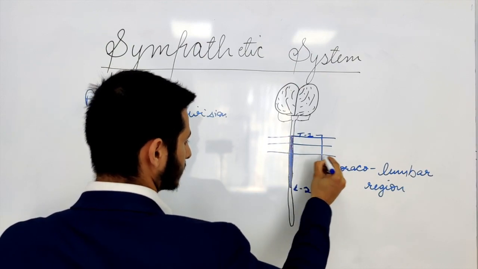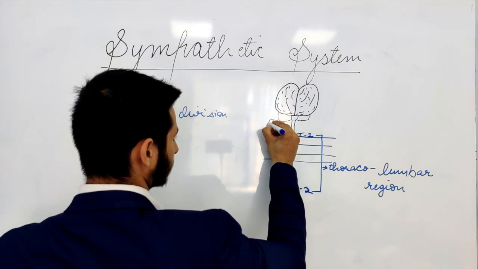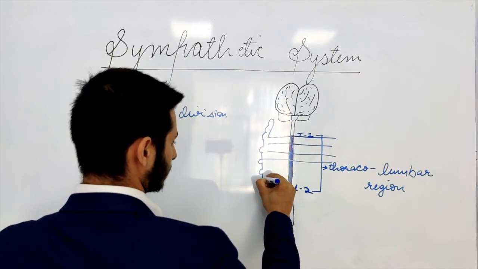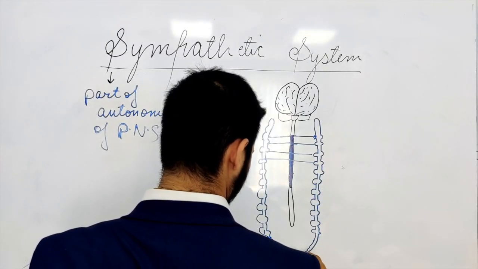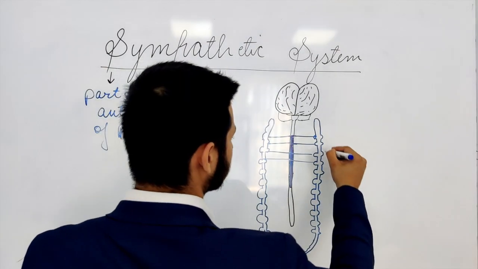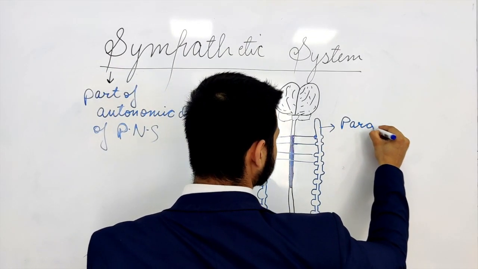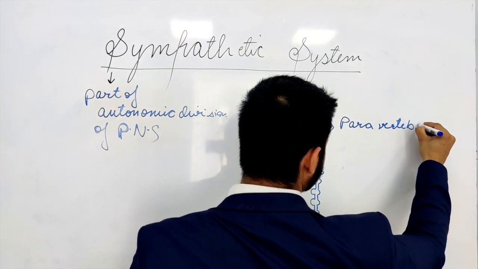these structures called trunks. These trunks are called the paravertebral trunks.